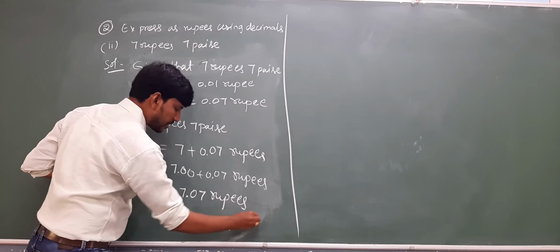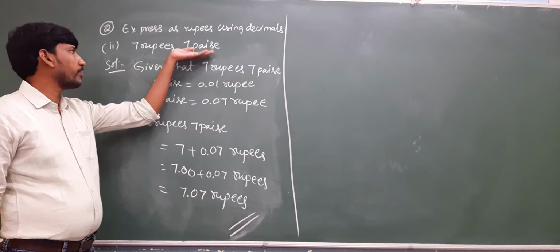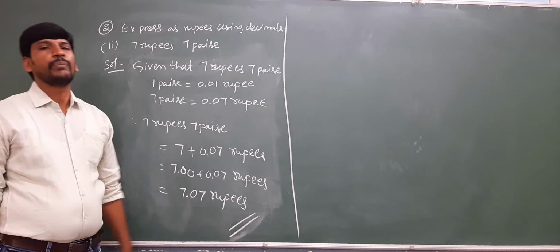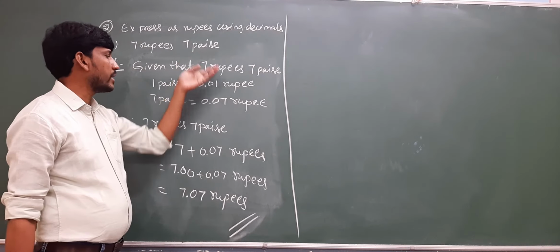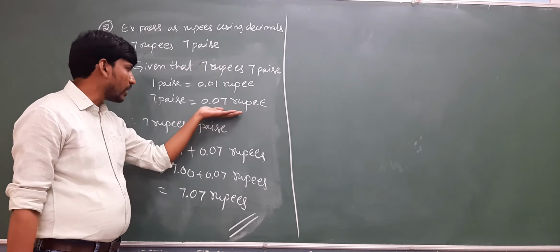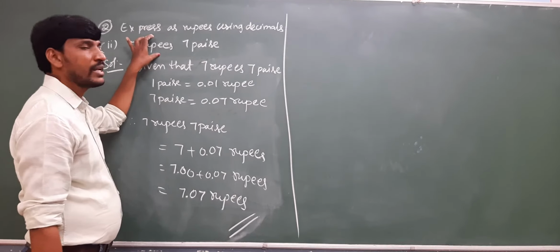Clear, my dears? This is the process to convert whenever paisa is given to rupee, or rupee to paisa. Here 7 rupees 7 paisa is given. So we need to change this paisa in terms of rupees, and whatever value we got in terms of rupees, we are going to add to the 7 rupees.